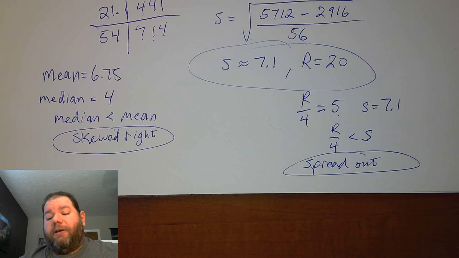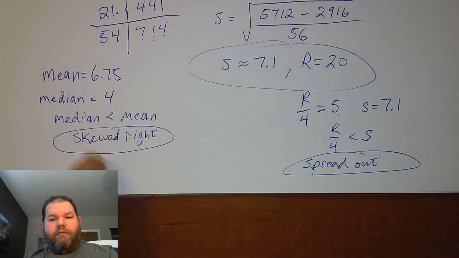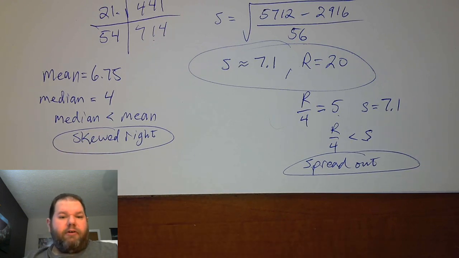And because we only have 8 data values, it actually ends up being spread out. So the center is on the left-hand side and skewed to the right, but then it's spread out across the entire range.